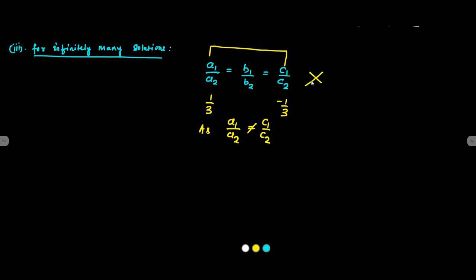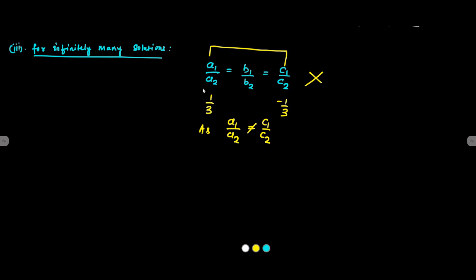So there is no need to find any value of k, because there is no such value of k for which the above system of equations will have infinitely many solutions, as a1 by a2 is not equal to c1 by c2.